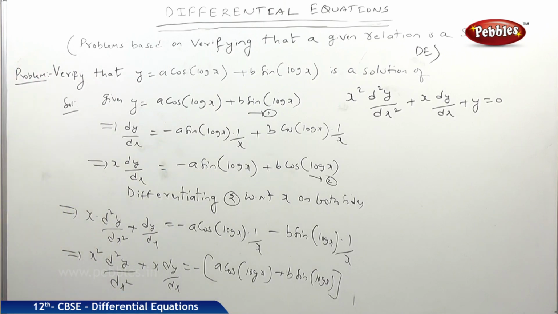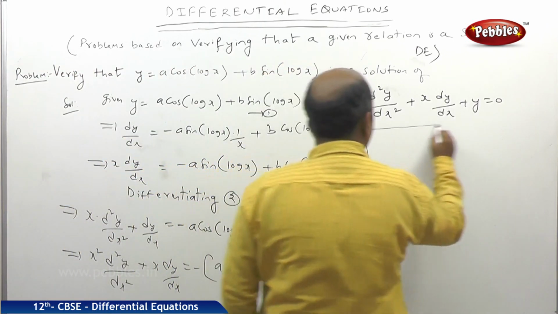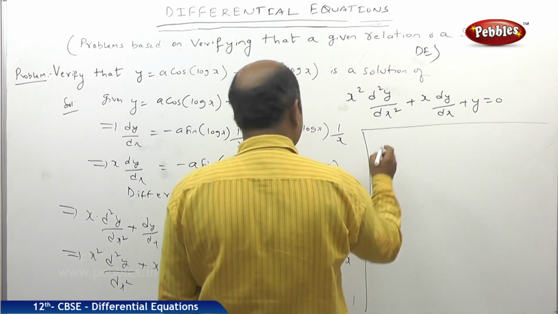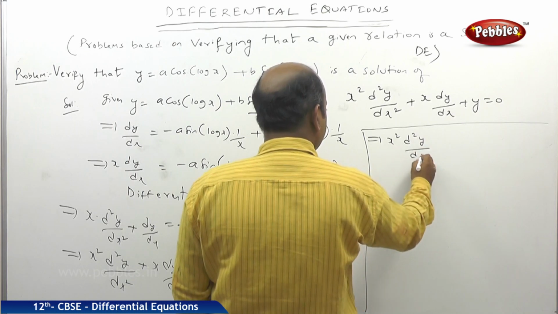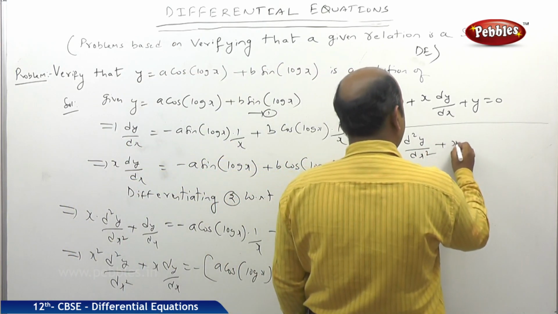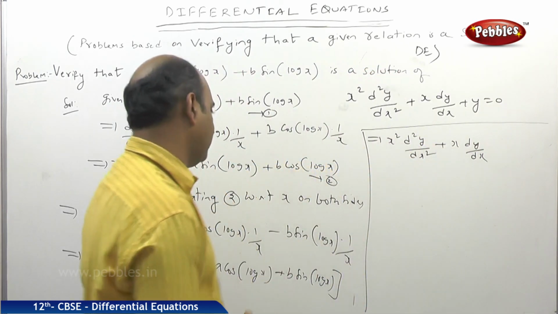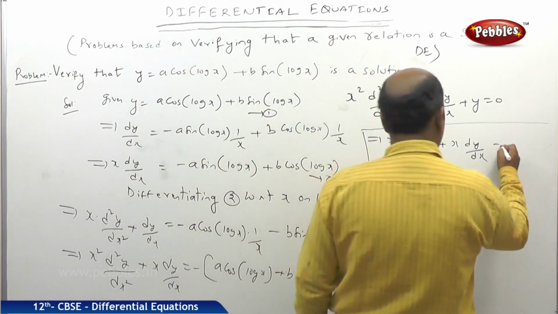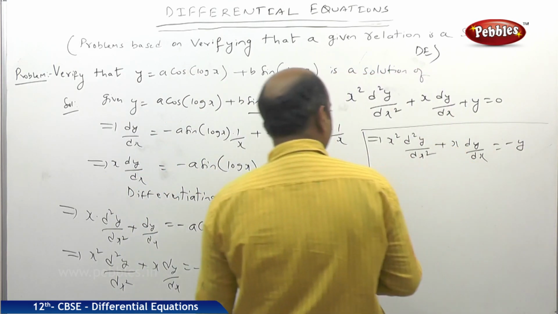That implies x square d square y by dx square plus x into dy by dx is equal to, this whole thing on the right hand side is nothing but y, so this becomes minus y.